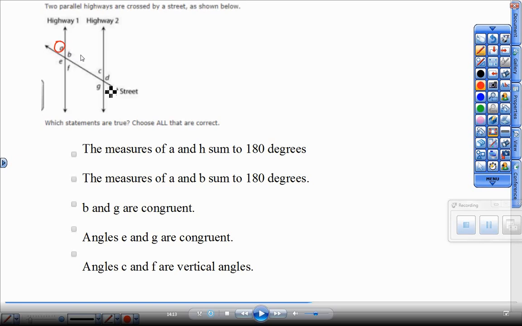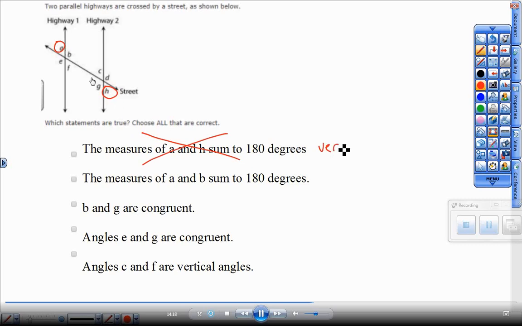And again, it's easy when they're next to each other, but harder when I'm trying to combine this with a pair over here like D to see that that gets 180. But again, on this, the measures of A and H. All right, the sum of A and H equals 180, and you could see those are the same, so that would be a false statement.